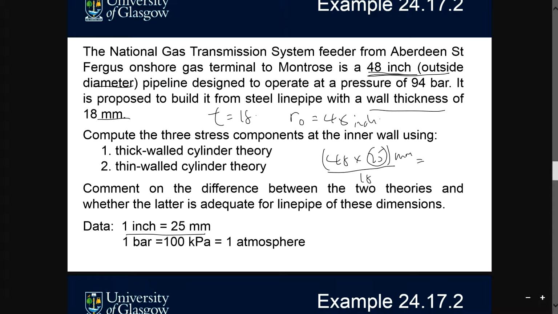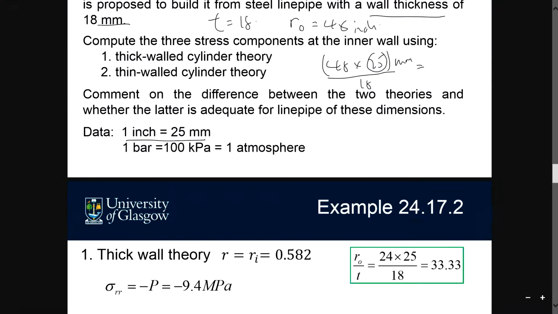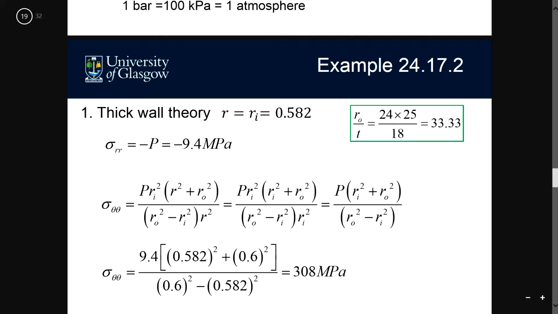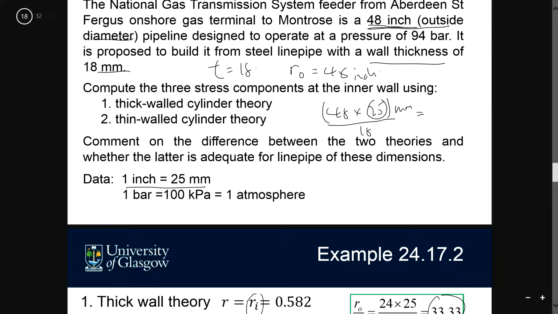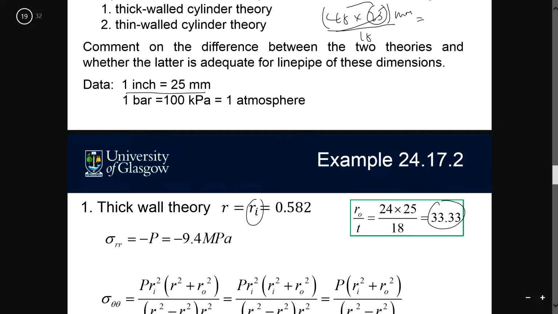What you have is 33.33. With the calculation, you know that your outer diameter is 48 times 25, which is about 600 mm, minus away your 18, because it's your thickness.